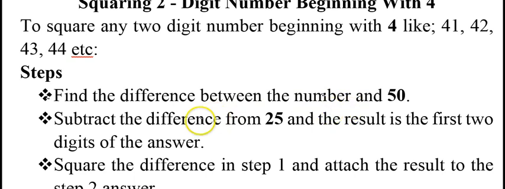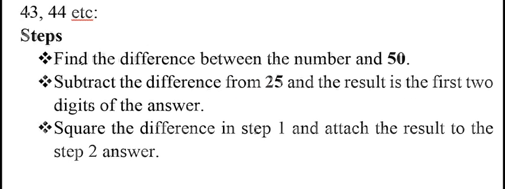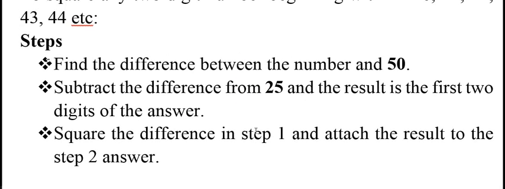We subtract the difference from 25. And the result becomes the first 2 digits of the answer. Then we square the difference and attach the result to the second step, and that becomes our answer.